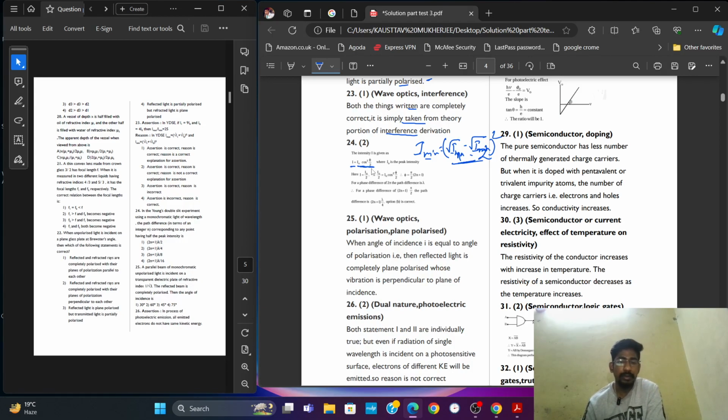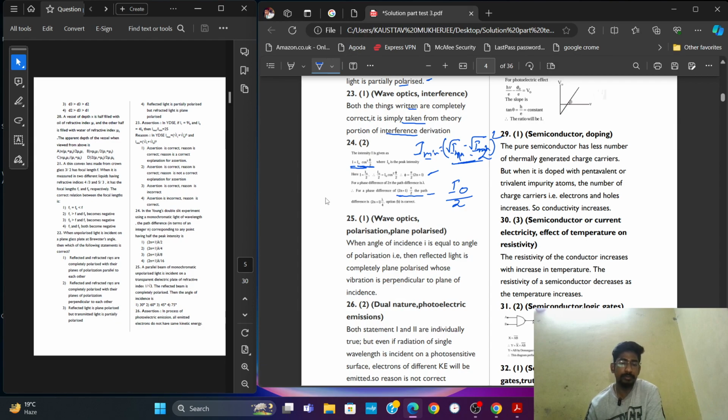It is said that the intensity is half of the peak intensity, that means I naught by 2. So in this formula, in place of I, put I naught by 2. Therefore you will get cos square phi by 2 equals half, so phi equals pi by 2 times (2n plus 1).